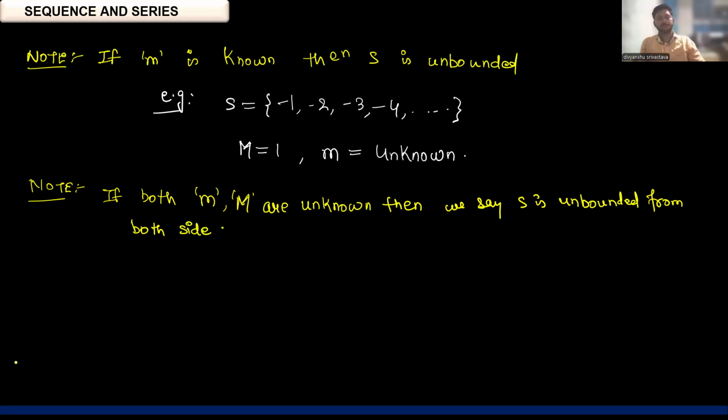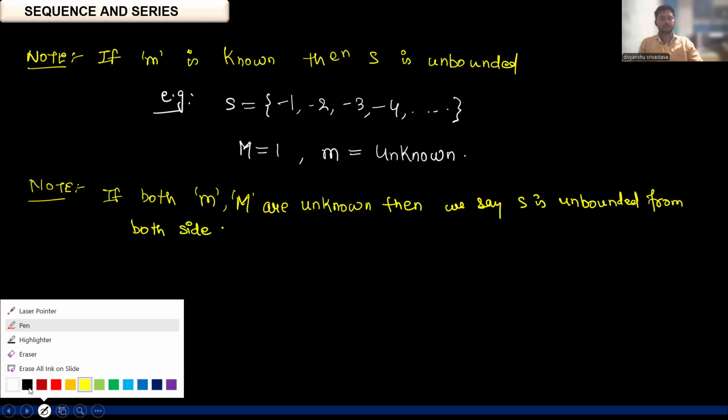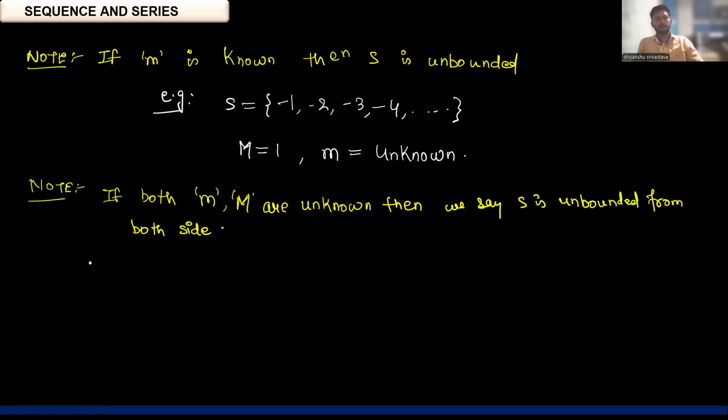For example, S is equal to Z, the set of integers, and its entries are -3, -2, -1, 0, 1, 2, 3.